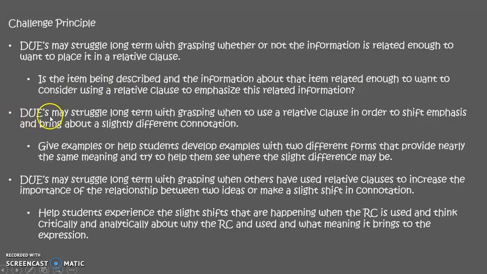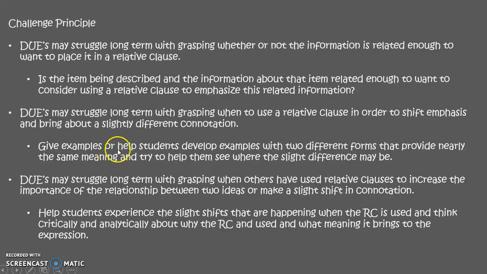Another challenge, they may struggle long-term with grasping when to use a relative clause in order to shift emphasis or bring about a slightly different connotation. You can do this also with this first struggle or challenge. You can also do it with practicing this connotation.